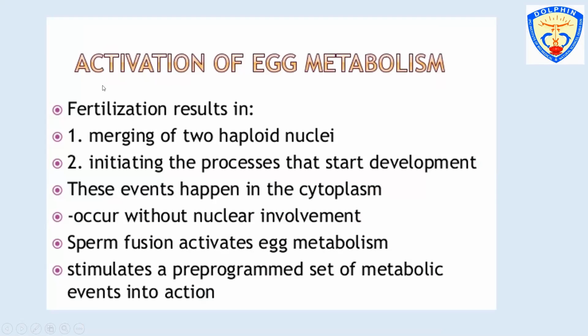Regarding the activation of egg metabolism, fertilization results in the merging of two haploid nuclei and initiates the developmental process. These events happen in the cytoplasm and occur without the involvement of the nucleus. Sperm fusion activates the egg metabolism and also stimulates a pre-programmed set of metabolic events into action.